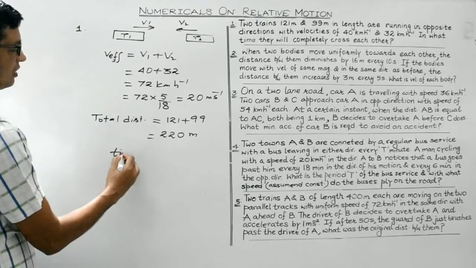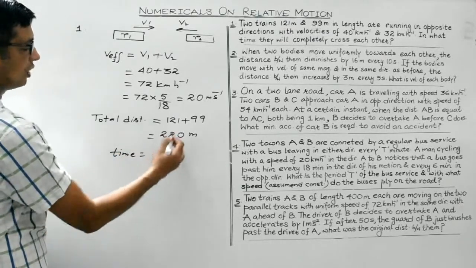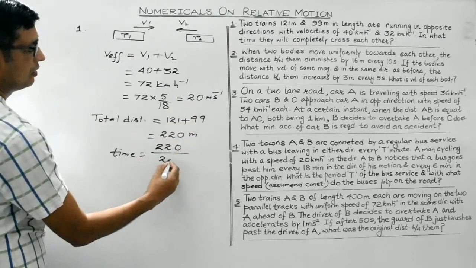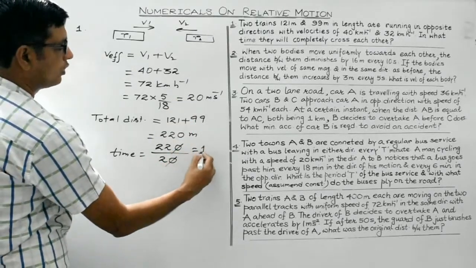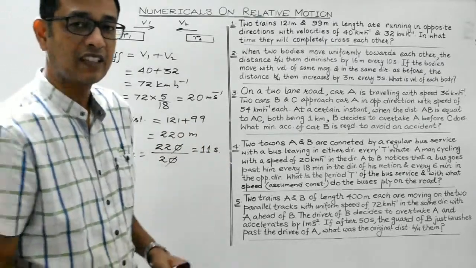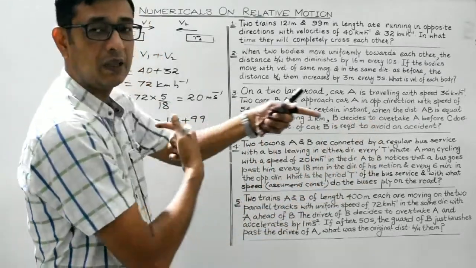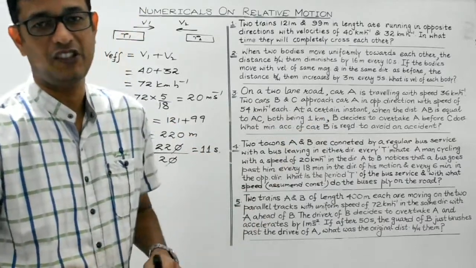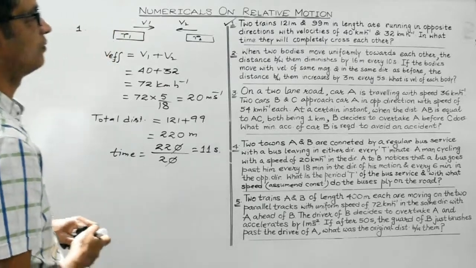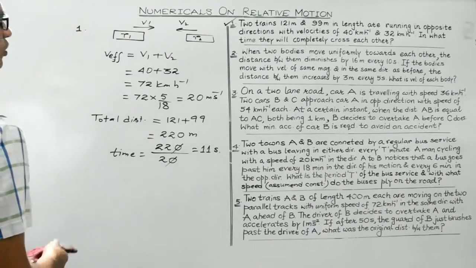So we are aware time is equal to total distance divided by net effective speed. So it will be equal to 11 seconds. So students, in 11 seconds, both the trains will be able to completely cross each other, right? So we are done with question number 1. Let's concentrate on question number 2 then.